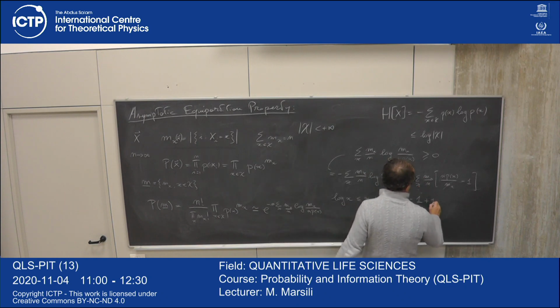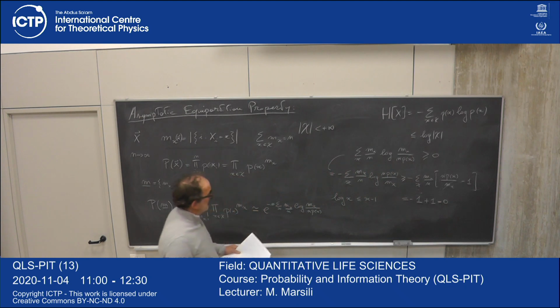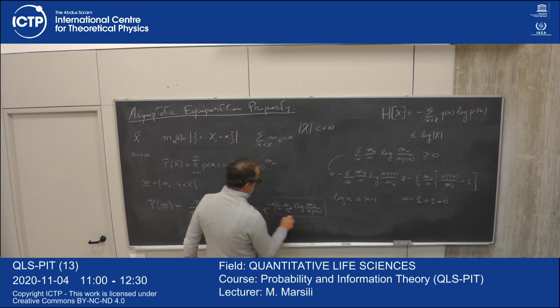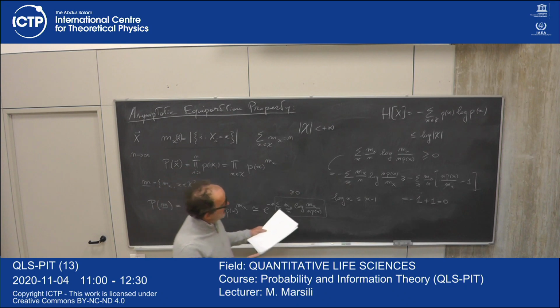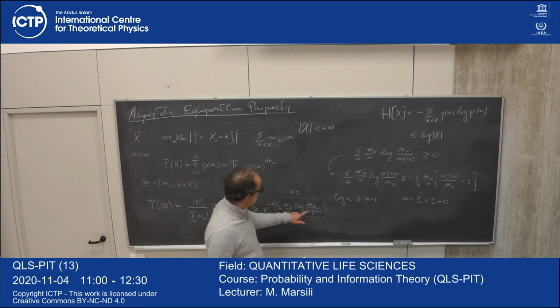So this is plus 1. So this is equal to 0. So you see that this exponent here, this constant here, is always positive. But you see clearly that this is equal to 0 when m of x divided by n is equal to p of x.